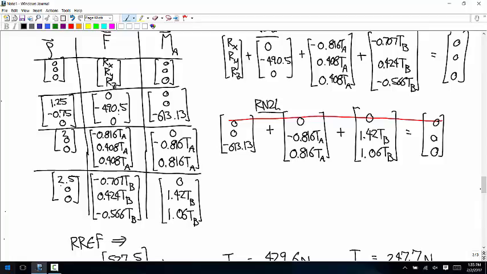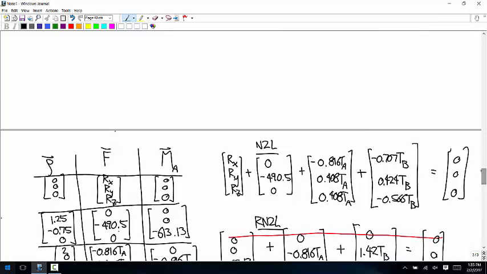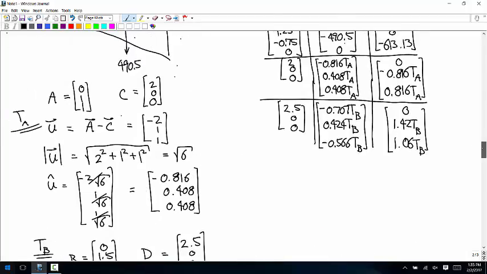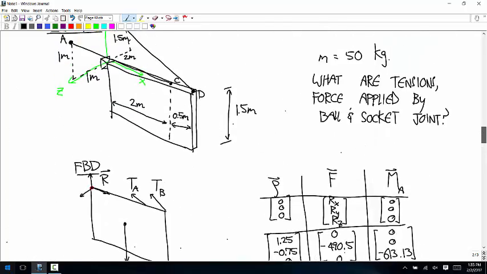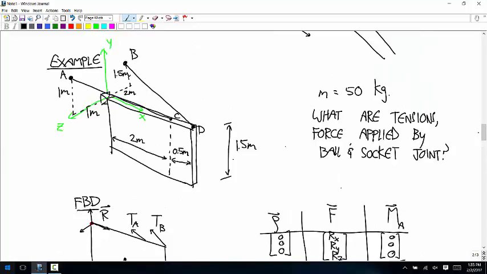If you're doing that with reduced row echelon form, the way that would work is, the thing that's loading this is the weight of the sign pulling down. If you took away that weight, all of these forces would just be 0 because the thing could just hover there.